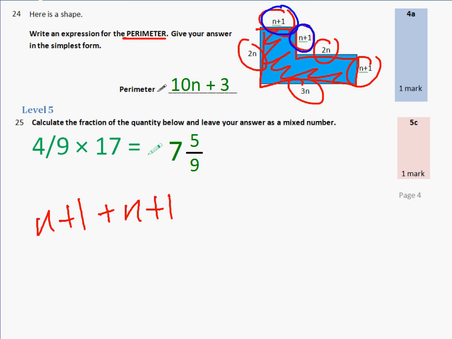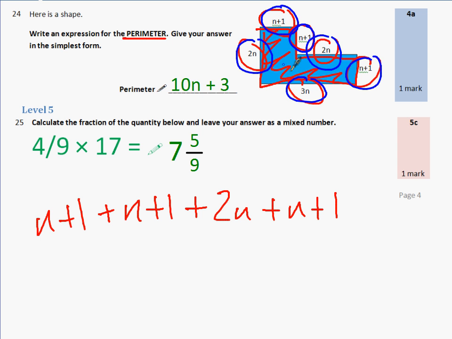Then add the next side, which is 2n. Then add the next side, which is n plus 1. Then add, guess what, 3n, and then add 2n.